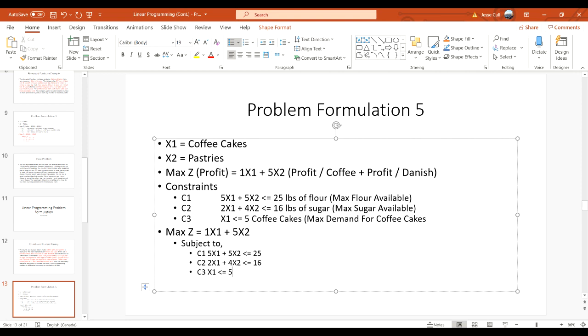All right, as we move to higher levels, and this is not exactly a higher level, but the key is formulating these questions. If you're able to formulate the questions effectively, and we've done that here, using Microsoft Excel or QM for Windows, management science focused computer programs, solving these problems is very easy.